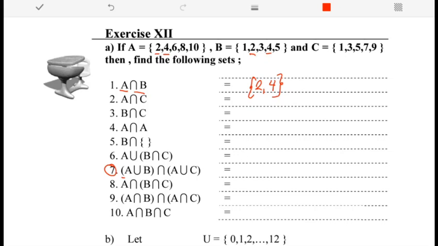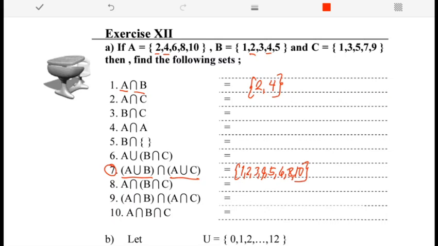If I have a combination of A union B and a combination of A union C, and then find the intersection between them. So normally we do first the operation inside the parentheses. So for A union B, I have to combine A and B. So I have 1, 2, 3, 4, 5, 6, 8, and 10.